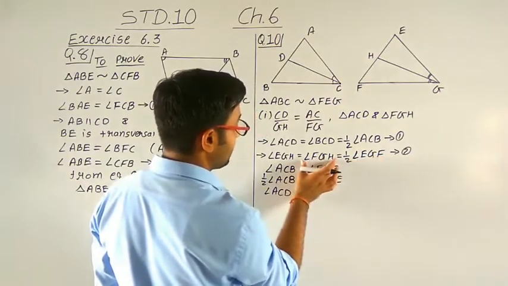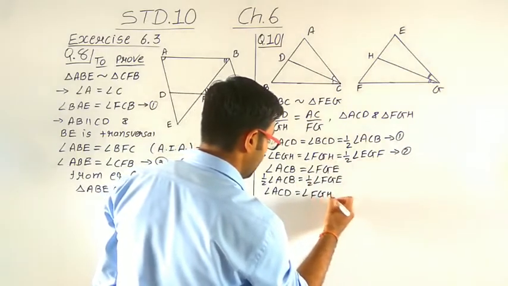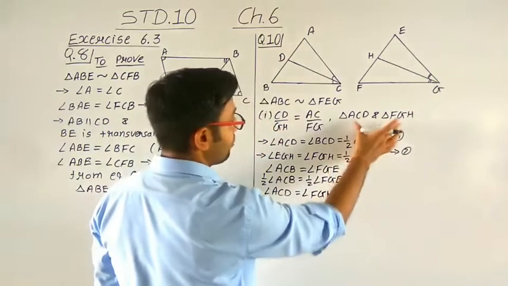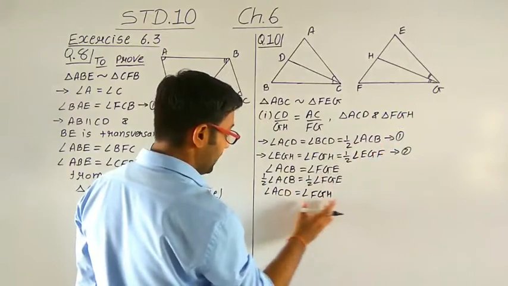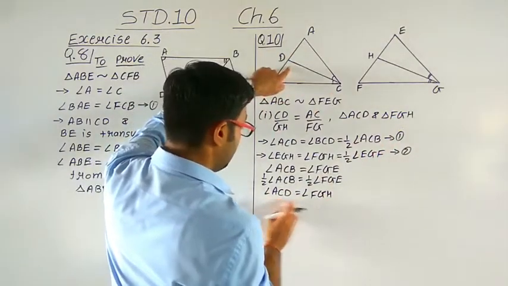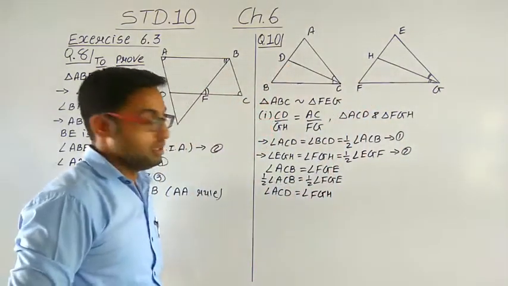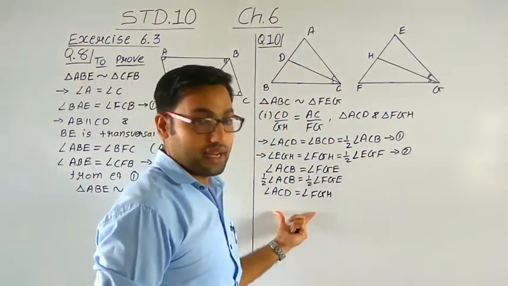That means we can take this angle FGH. So for both these triangles, one angle is equal, right? We have proved here that ACB and FGH are equal.